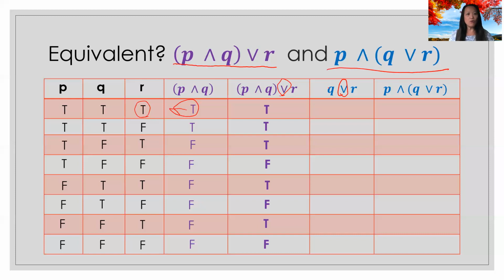So Q or R. So we're looking at the second column and the third column here. So true or true is true. True or false is true, true, and then false, true, true, true, and then false.